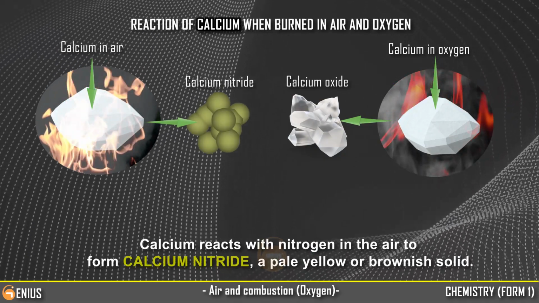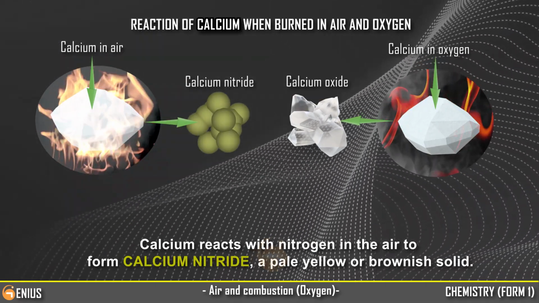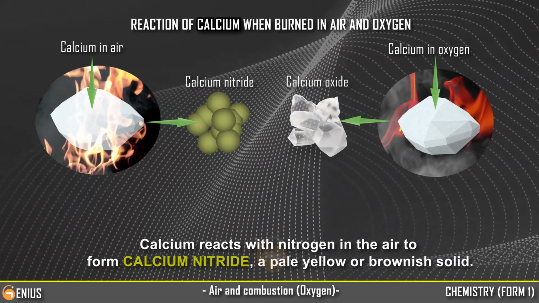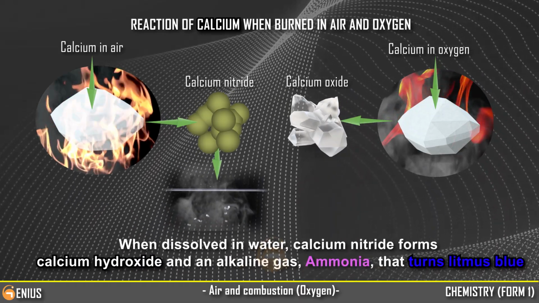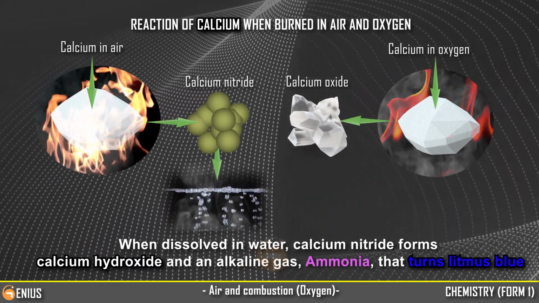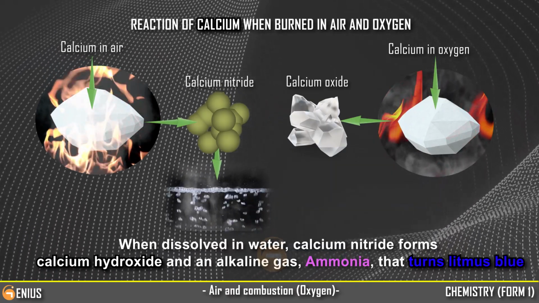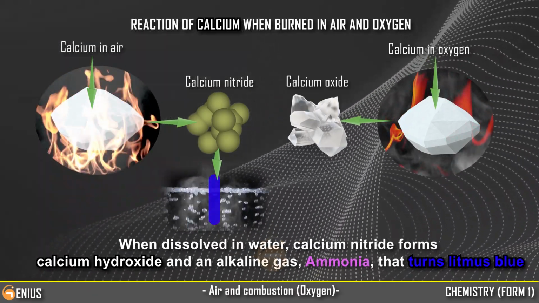Calcium reacts with nitrogen in the air to form calcium nitride, a pale yellow or brownish solid. When dissolved in water, calcium nitride forms calcium hydroxide and an alkaline gas, ammonia, that turns litmus blue.